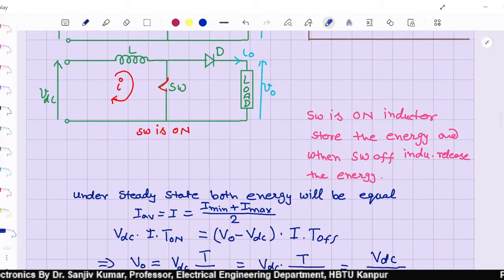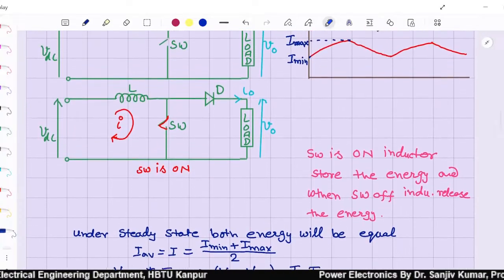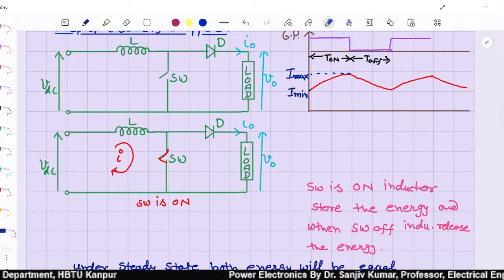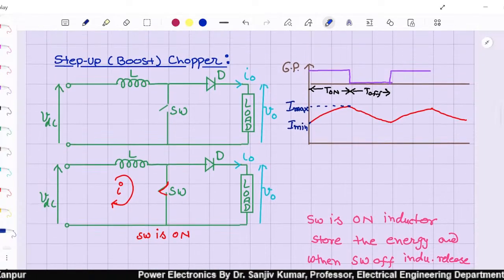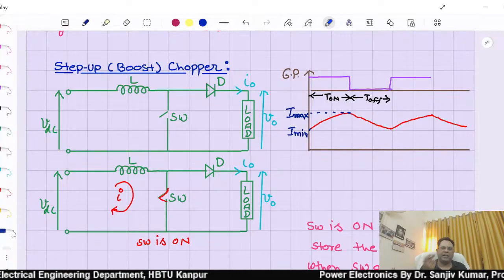That will be the output voltage. We will also discuss this converter in detail, but as of now, to obtain the average output voltage, we simply apply the basic electrical engineering.